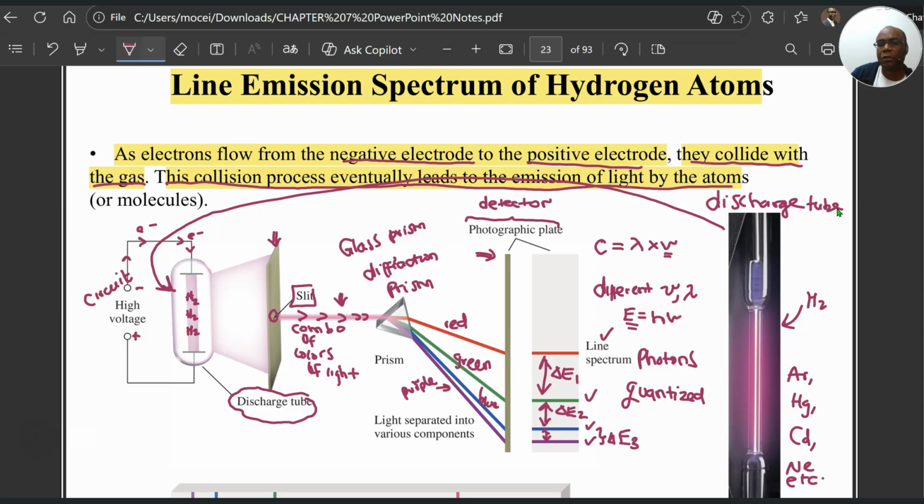So the line emission spectrum can really help you to identify the unknown element, taking advantage of them having different combination of colors when the discharge tube is connected to a circuit. You'll see different colors in the photographic plate.